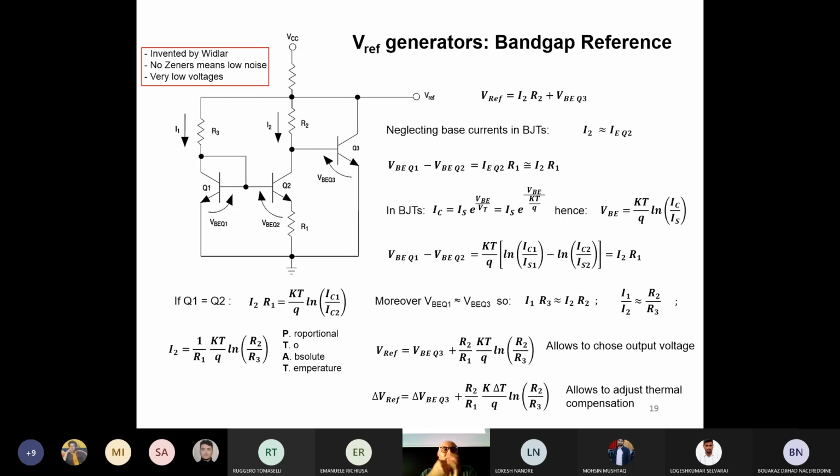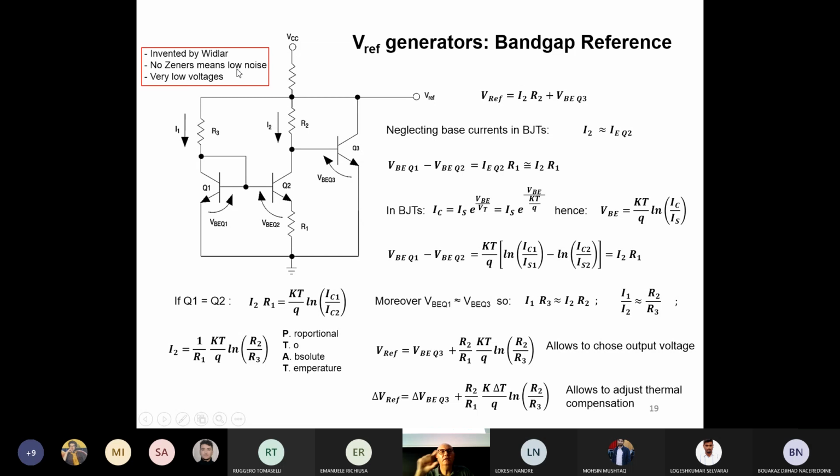Okay, so what is in this small box is also that this circuit is very interesting because actually it's not using any Zener diode. The Zener diodes are okay, but just because they use the avalanche phenomenon or tunnel, they tend to be very noisy.